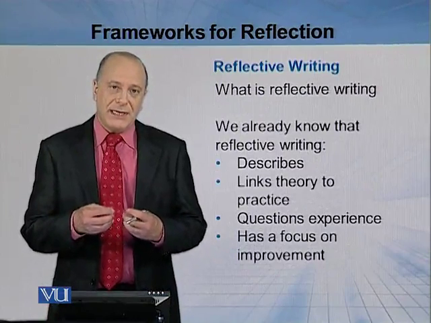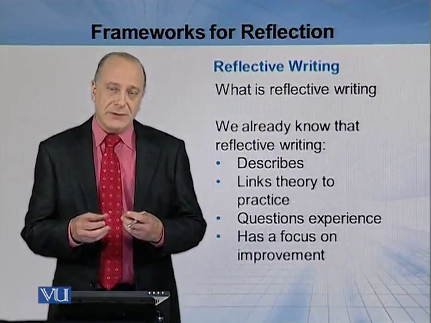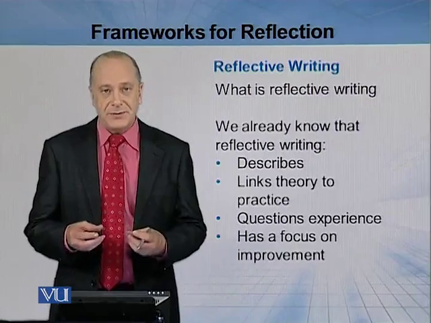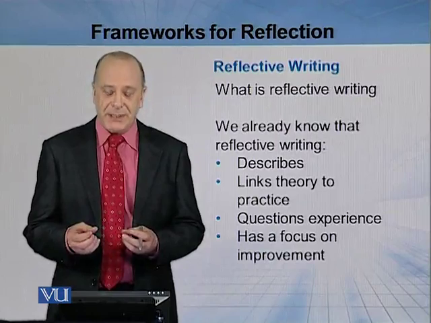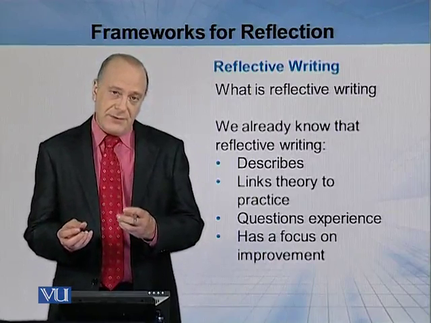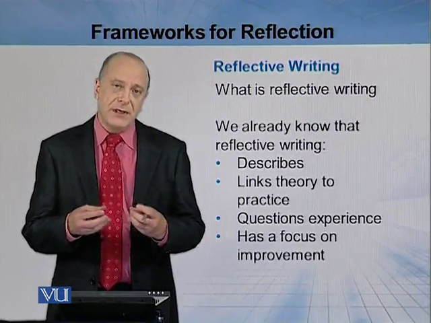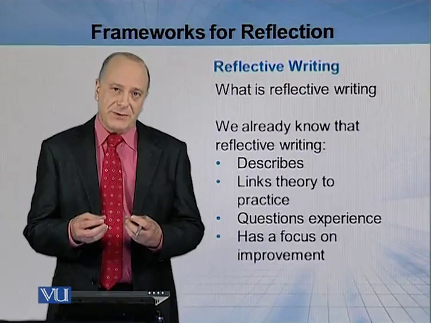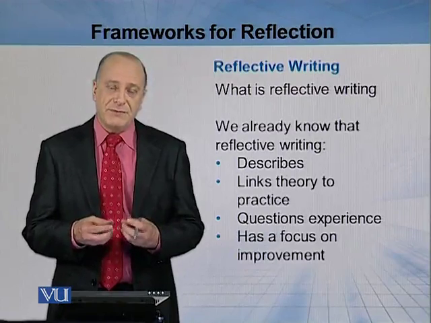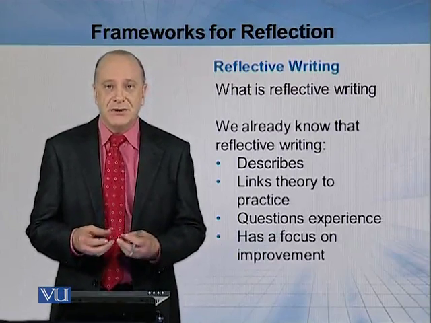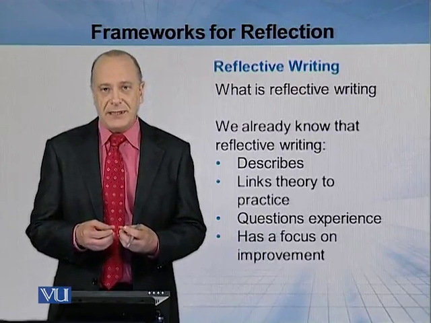And so what we can say is that reflective writing is descriptive. It describes occurrences which are happening. It also links theory to practice and also questions experience. And these two things together help the reflective practitioner interpret occurrences in the classroom.